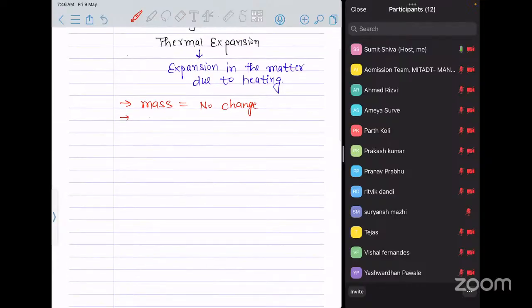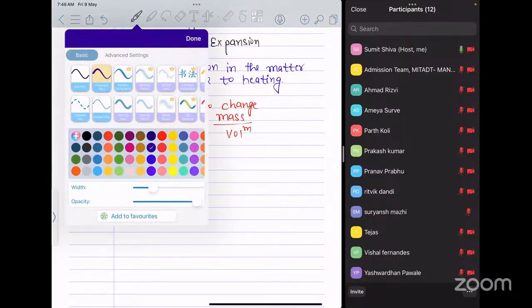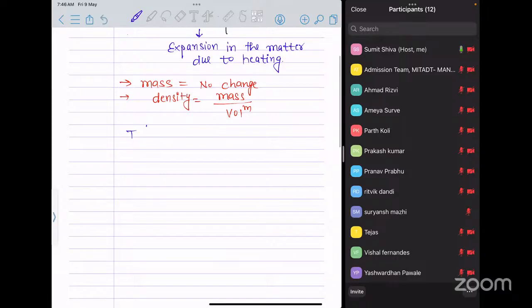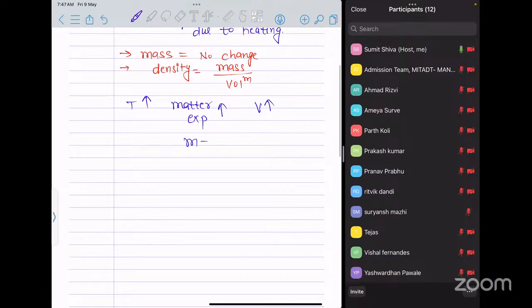Apart from mass, if you look at the density, it is given by mass by volume, right? Since temperature is increasing and matter is expanding, which implies that volume will increase, but mass is constant.